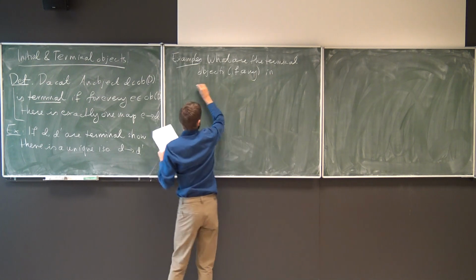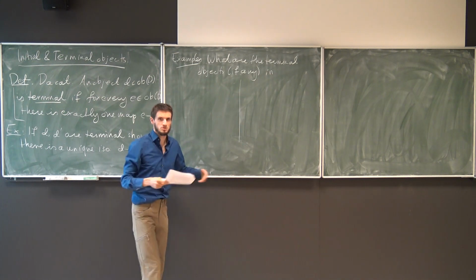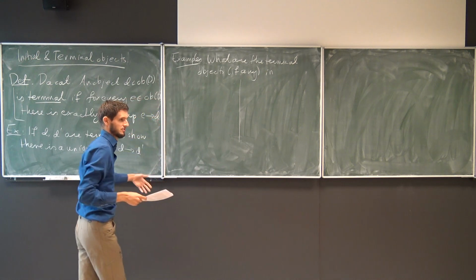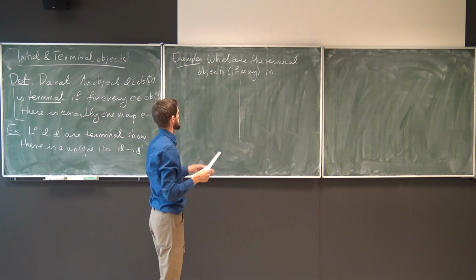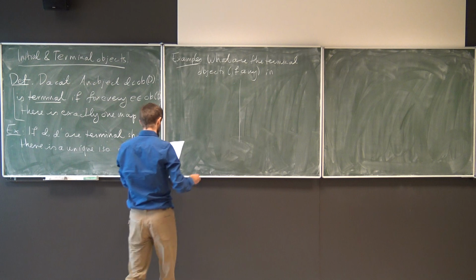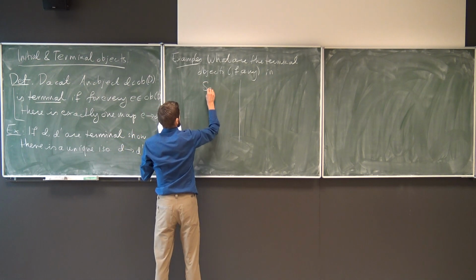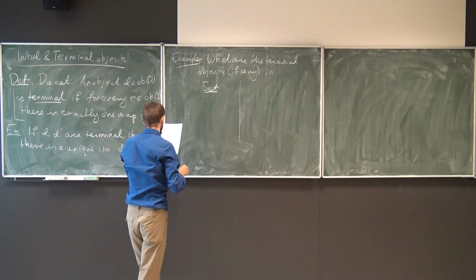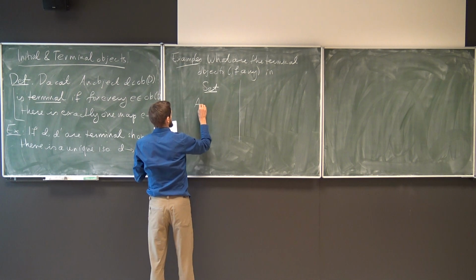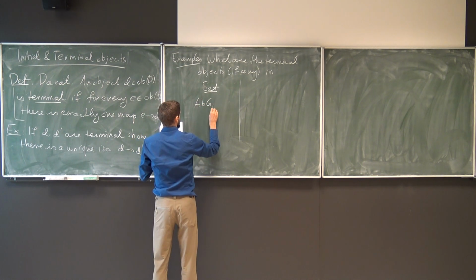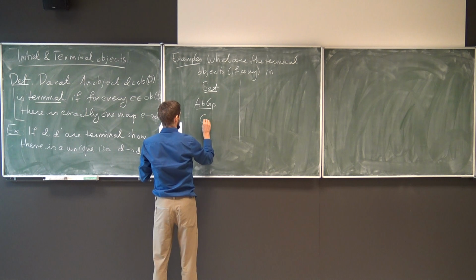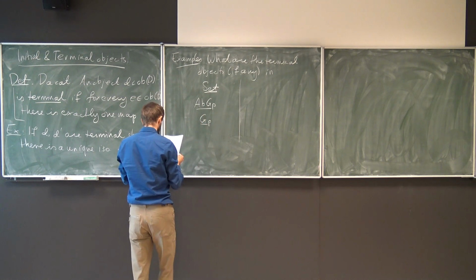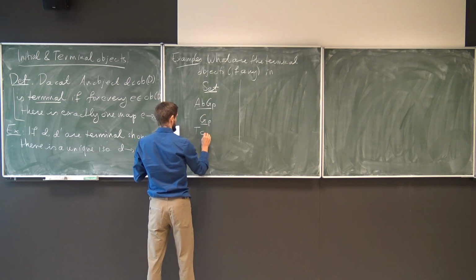I'll write a few examples on the board, and then maybe you want to pause the video and work out the answers, and then I will go through and tell you the answers, and you can see if you agree with me. So let's take the category of sets, or abelian groups, or just groups, or the category of topological spaces.